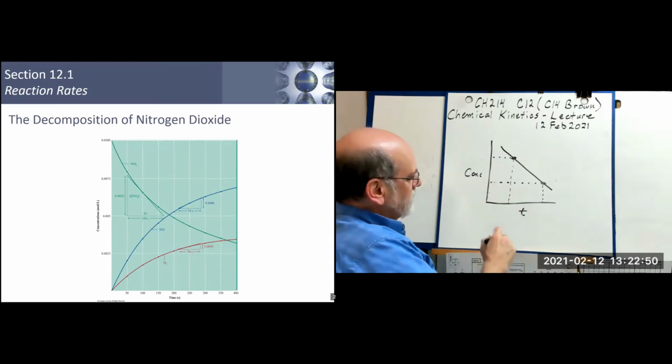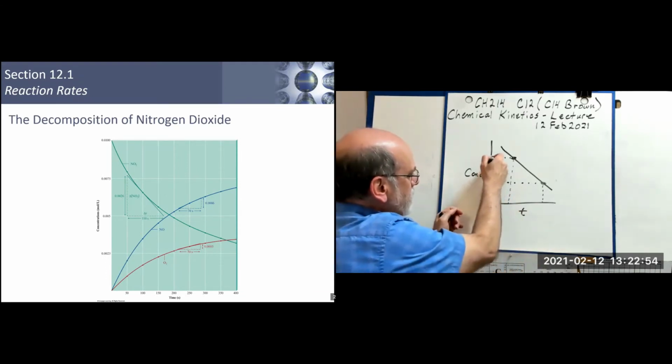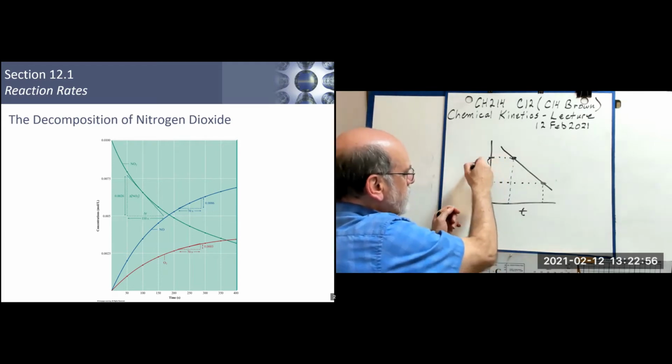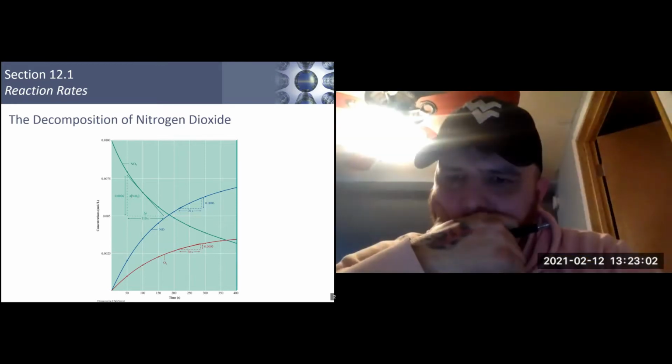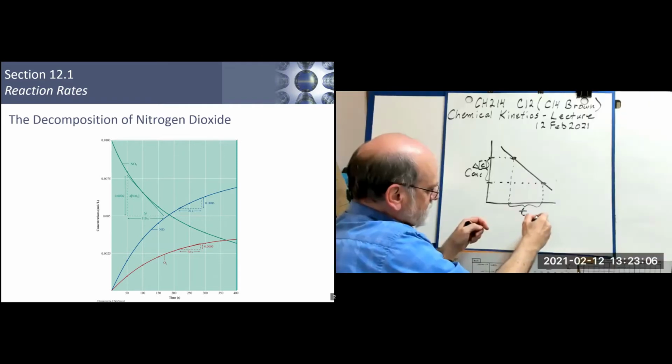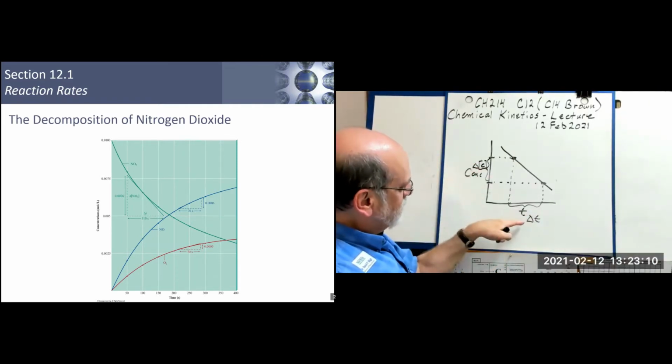So how do you get it? Well, you say, okay, what's y? Between here and here is the change in concentration. Between here and here is the change in time. So there you have this one divided by that one.